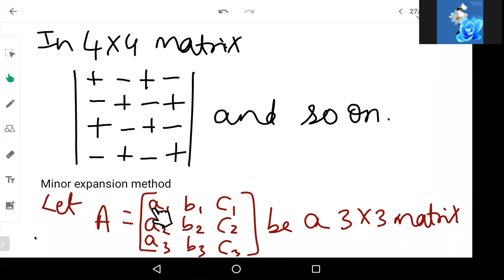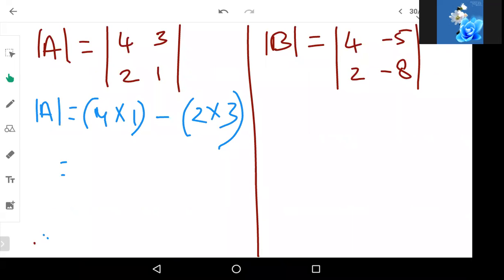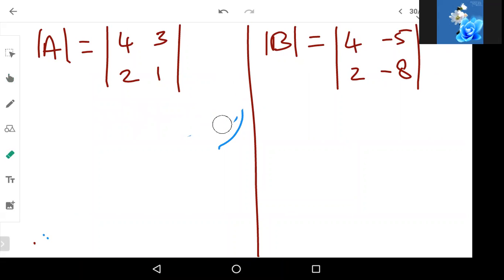Instead, they have used the variables A1, B1, C1, A2, B2, C2, A3, B3, C3. We have to see how to solve this 3 into 3 matrix. But before that, let us solve one or two 2 into 2 matrices so that you will know how to find the determinant.